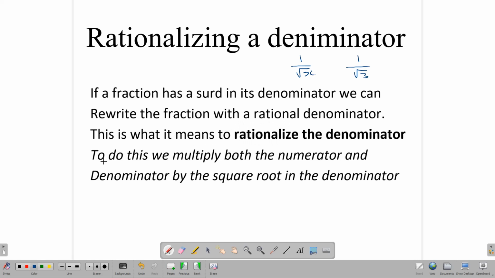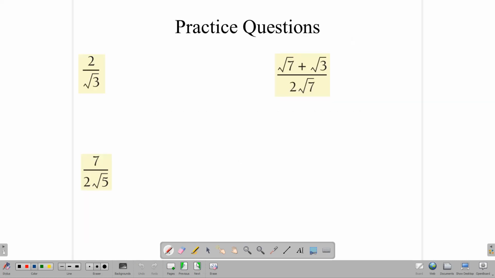How do we do this? To do this, we multiply both the numerator and the denominator by the square root in the denominator. So if we want to rationalize a denominator, what we do is that we multiply our fraction by the square root in the denominator. Let's try that real quick to make sure that it sticks.